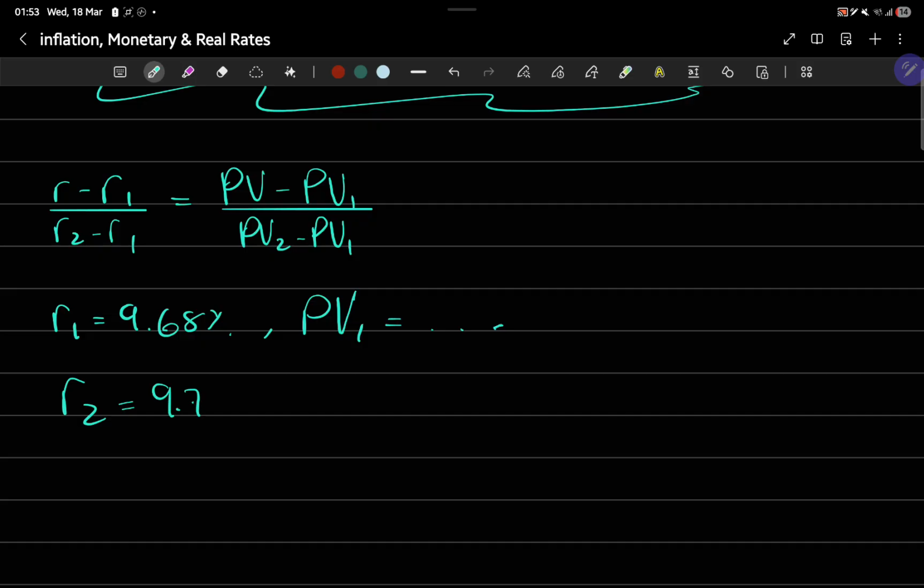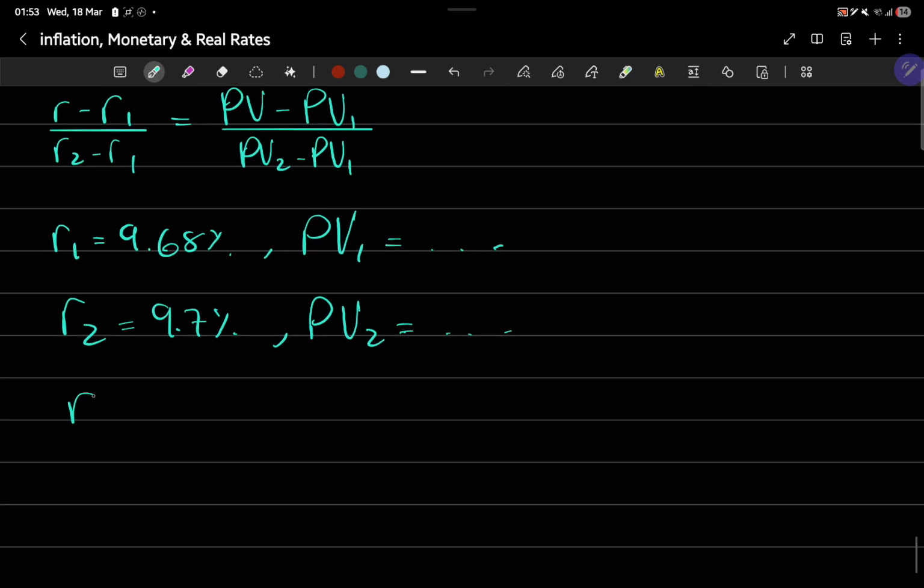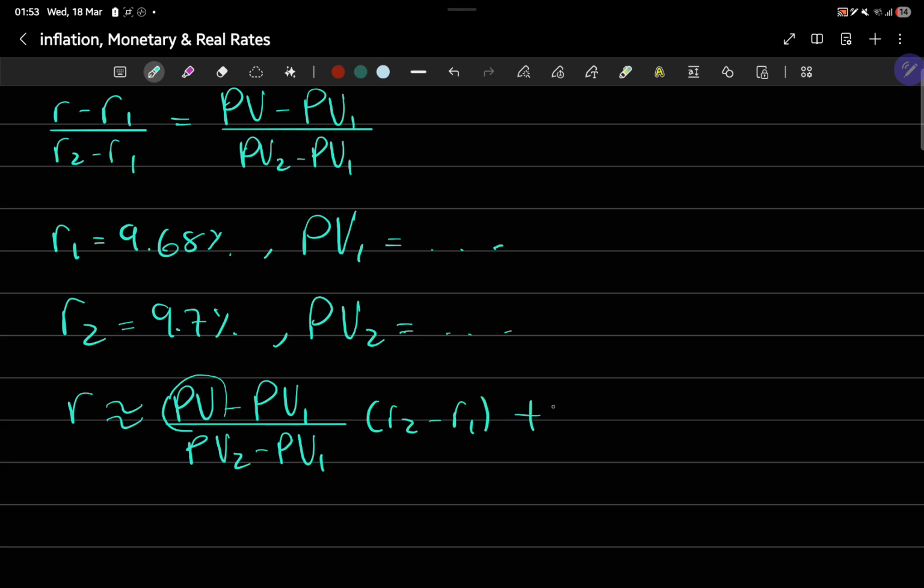So you then have 9,7%. Then you have your corresponding PV2. And then you just plug these in to approximate R by saying PV minus PV1. Because this one you have anyway, it's 9,300. It'll always be on the left-hand side of your equation of value, or right-hand side, depending on how you want them to be. Times R2 minus R1 plus R1. So this is how you're supposed to do it.